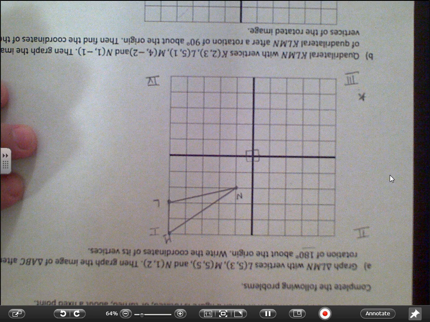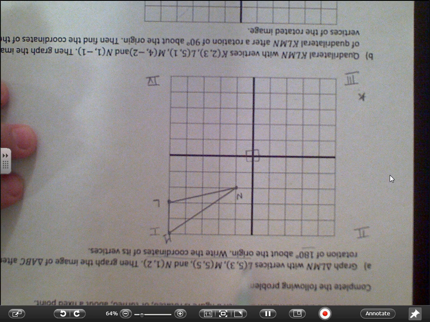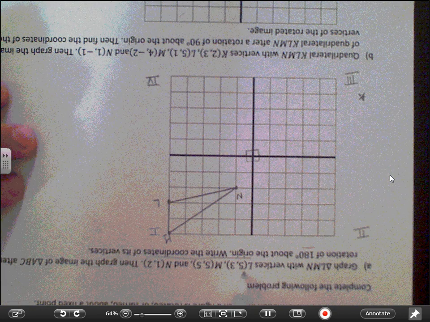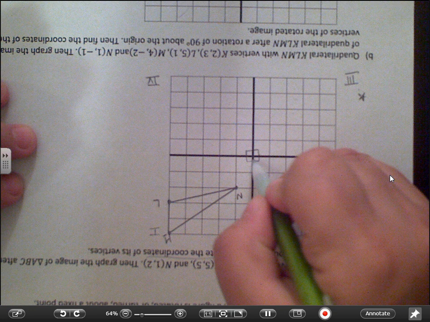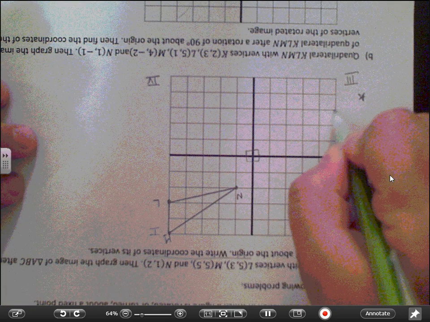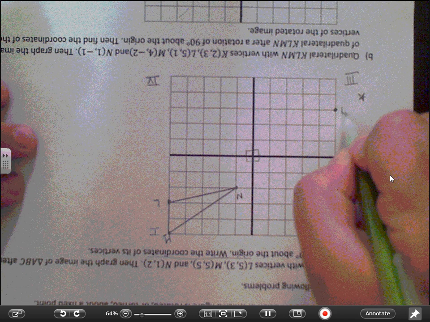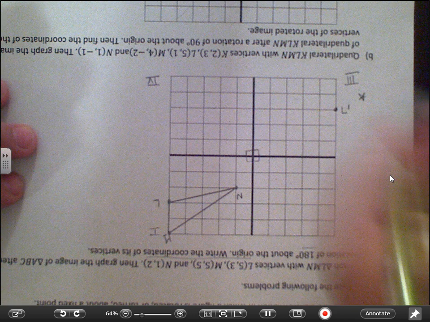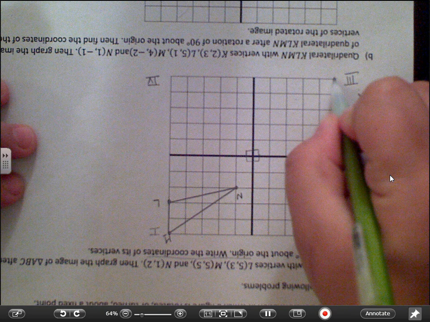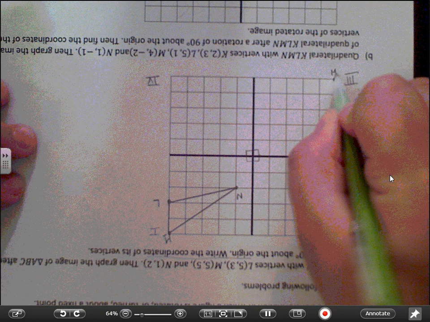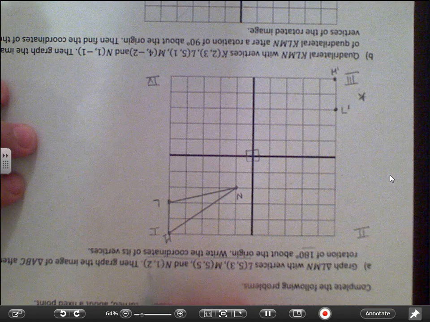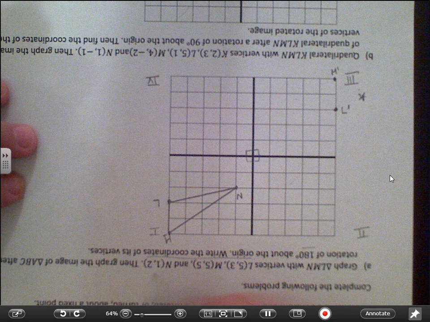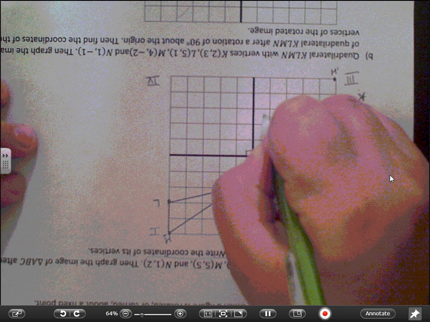I'm going to replot these points. L is (5, 3), and I'm going to label it L prime. It's okay that it's upside down. M is (5, 5). I will label it M prime. And N is (1, 2). I'll label it N prime.